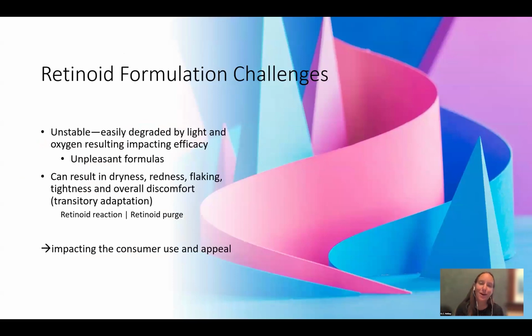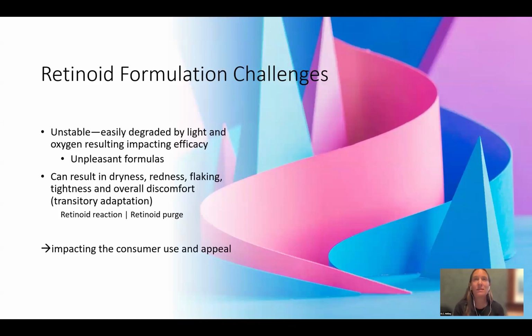But retinoids also have their challenges at the same time. First of all, retinoids are highly unstable. So they are easily degraded by light and oxygen. And if you think about how formulas are made, right? We use water in formulas quite a bit. Water has oxygen associated with that, and that means that water can degrade the retinoids.